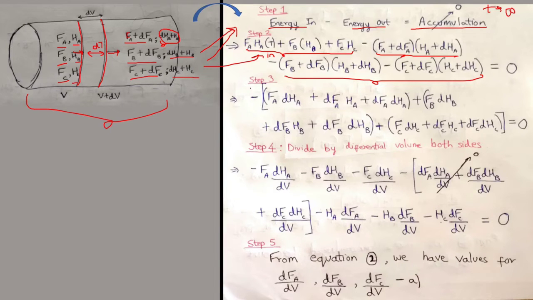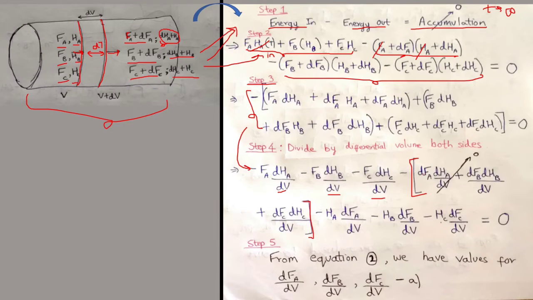So in step 3 we will manipulate these and cancel some terms, which is FAHA, which are common in these equations, so we will be cancelling it out. And in step 4 we will divide the entire right hand side and left hand side with the differential volume dV. Okay, and let's discuss this bracket first.